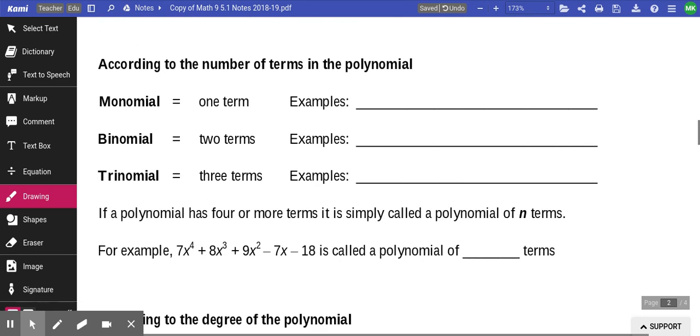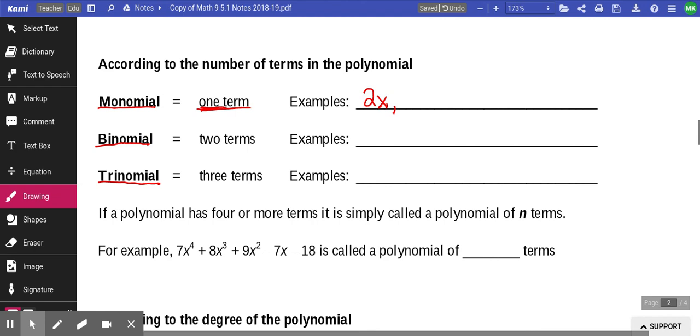All right, these three. We have monomial, binomial, trinomial. Monomial, we already know. It means one term. Examples of monomials. 2x would be a monomial. That's one term. There's no additions, no subtractions.